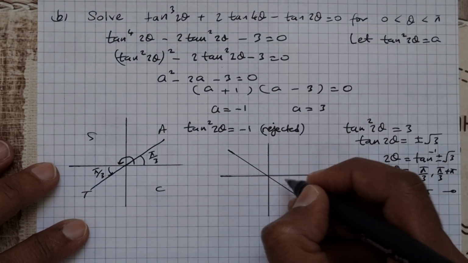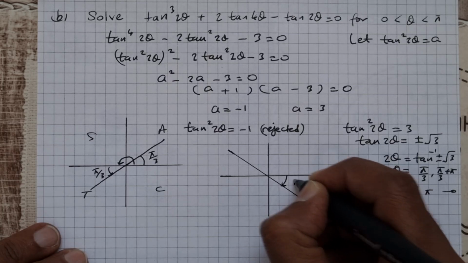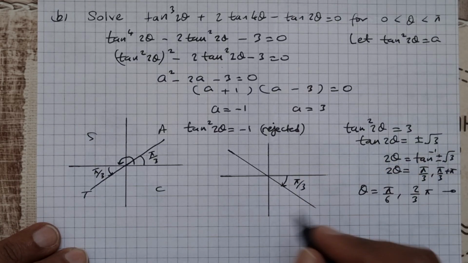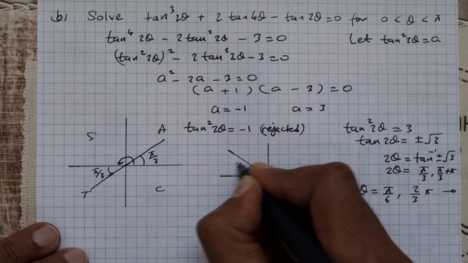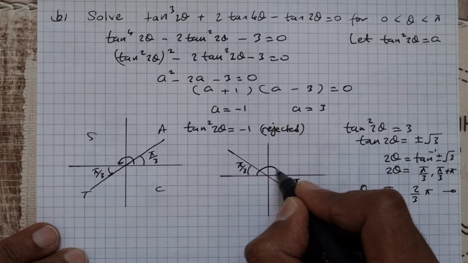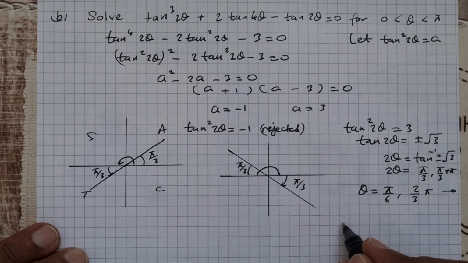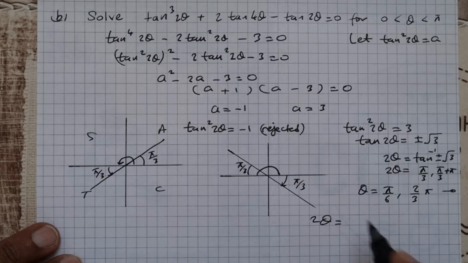Okay, so this is where I've got my pi over 3 now. That's going down, that's negative. And so I got a pi over 3 over here. So then this whole thing is pi, so pi minus pi over 3. So I would say 2 theta is equal to pi minus pi over 3.